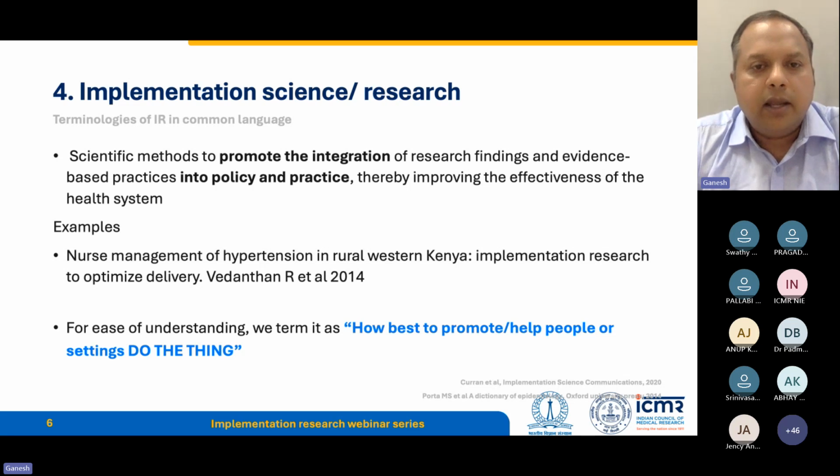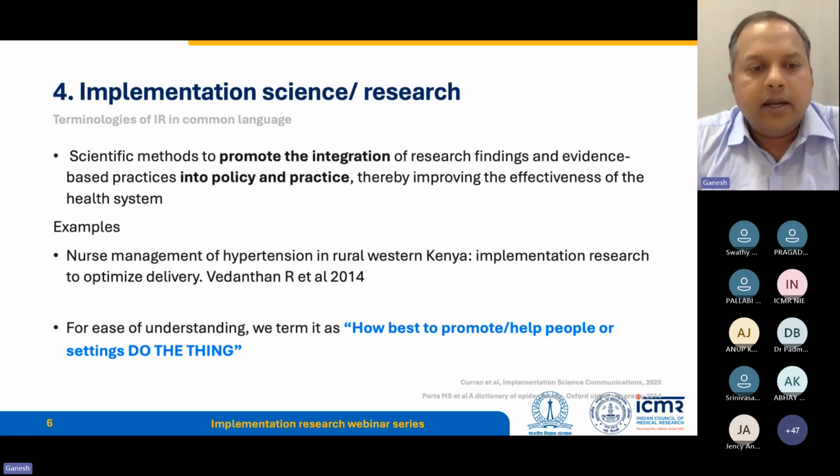Very simple. Implementation research is bridging evidence to practice. For what? Improving the effectiveness of the health system. For what? In order to improve the health status of the population.